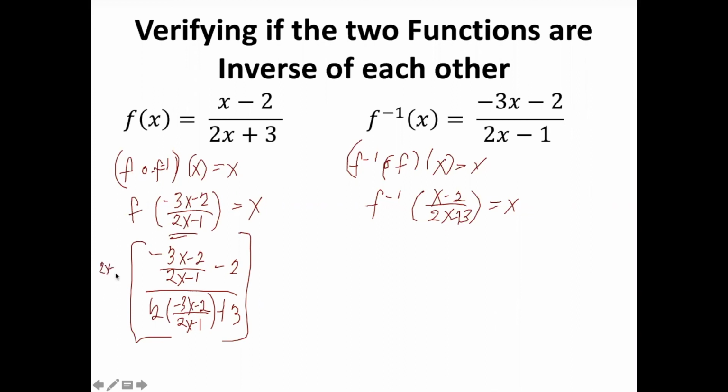So this is equal to negative 3x minus 2 minus 4x plus 2, all over negative 6x minus 4 plus 6x plus 3.